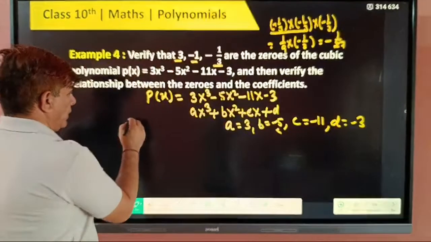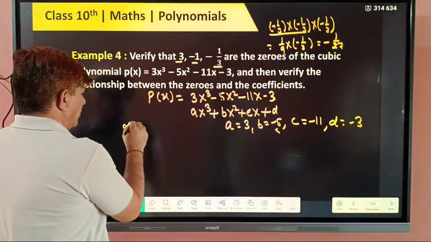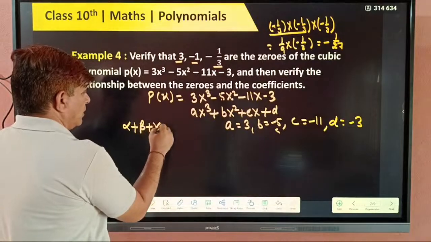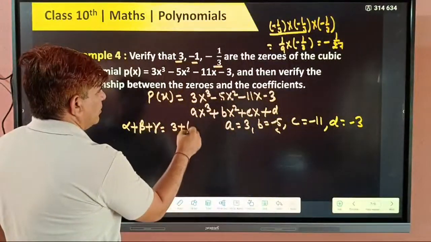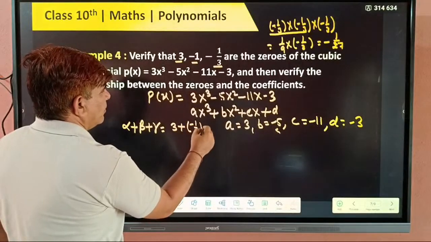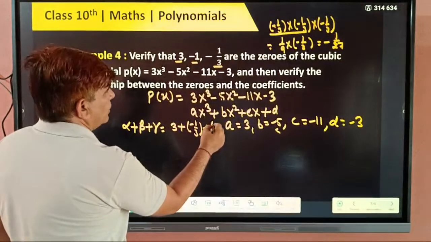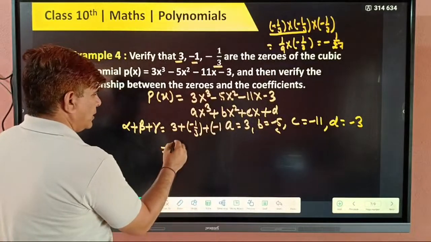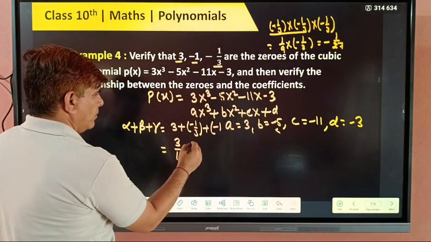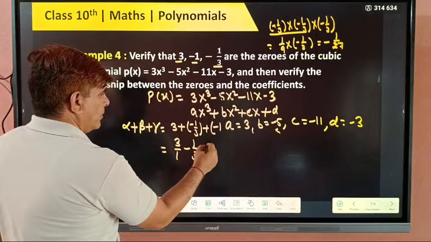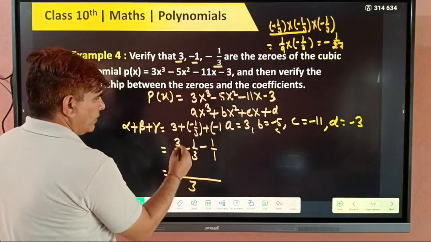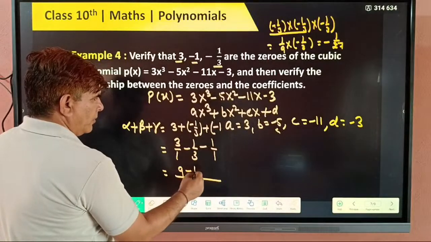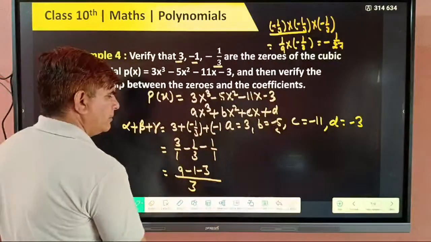So you can verify this: alpha plus beta plus gamma. What's your alpha? 3 plus minus 1 by 3 plus minus 1. So what has it become? 3 by 1 minus 1 by 3 minus 1 by 1. What's your LCM? 3. 1 3s are 3, 3 3s are 9, minus 1, minus 3.